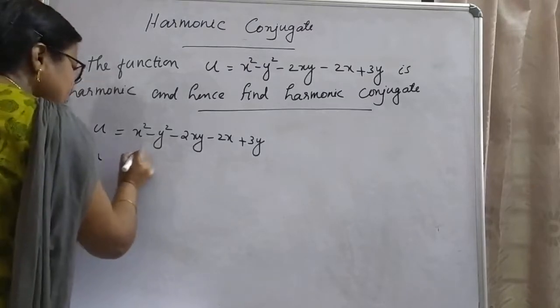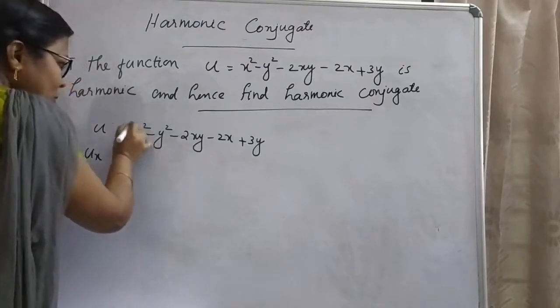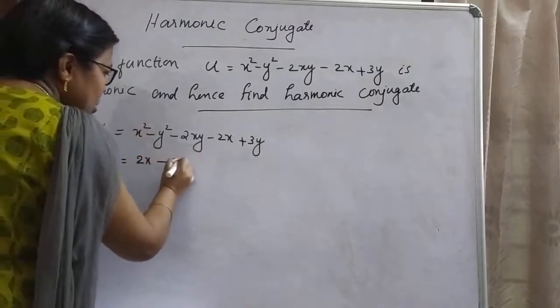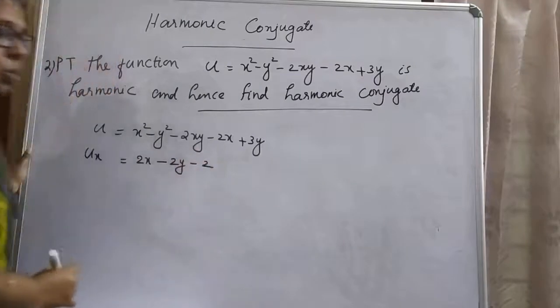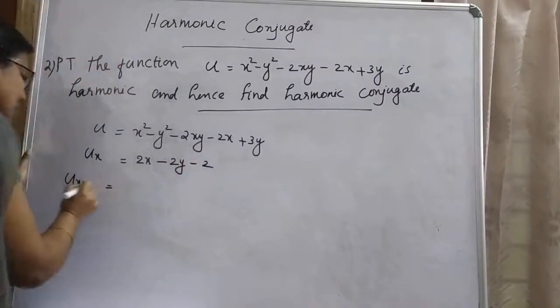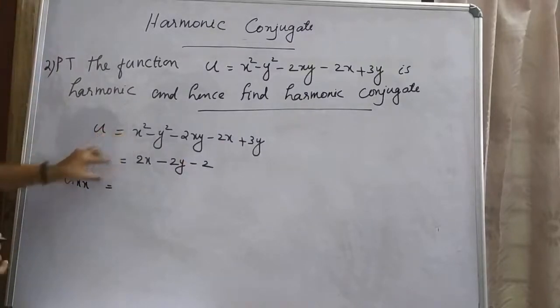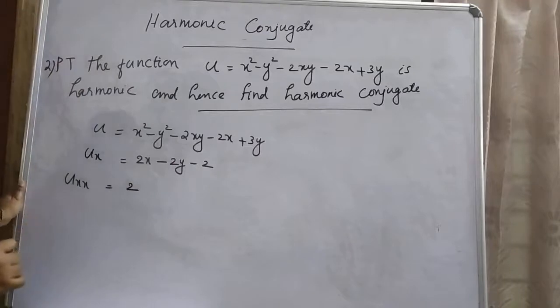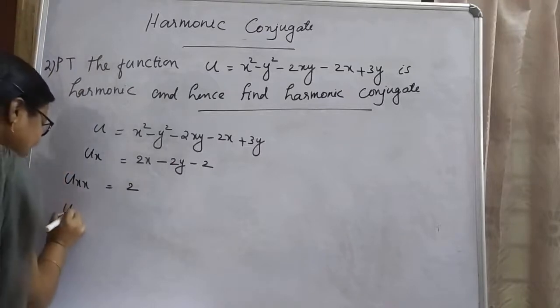Ux is the partial derivative of u with respect to x, which is 2x minus 2y minus 2. Then uxx, which is the partial derivative of ux again with respect to x, which will be 2. Now we have to find uy.